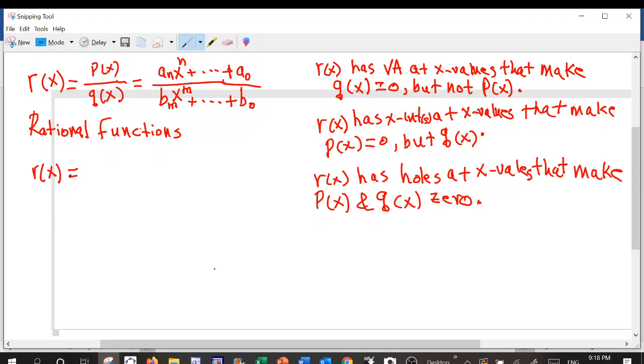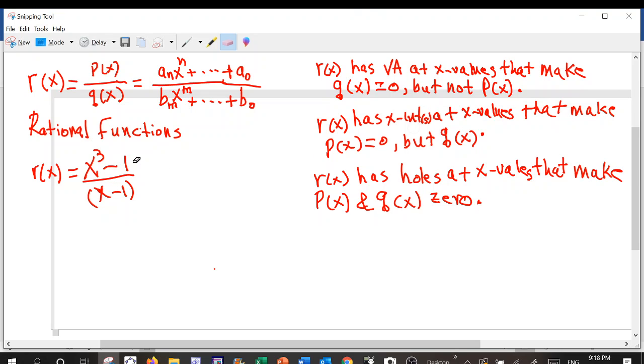So I'm going to give you this example. x to the third minus 1 divided by x minus 1. Now, you might say, well, we have a vertical asymptote at 1, but we don't. Why? Because vertical asymptote has to make this 0, but not that. So x equals 1 is not a vertical asymptote. Is it an x-intercept?